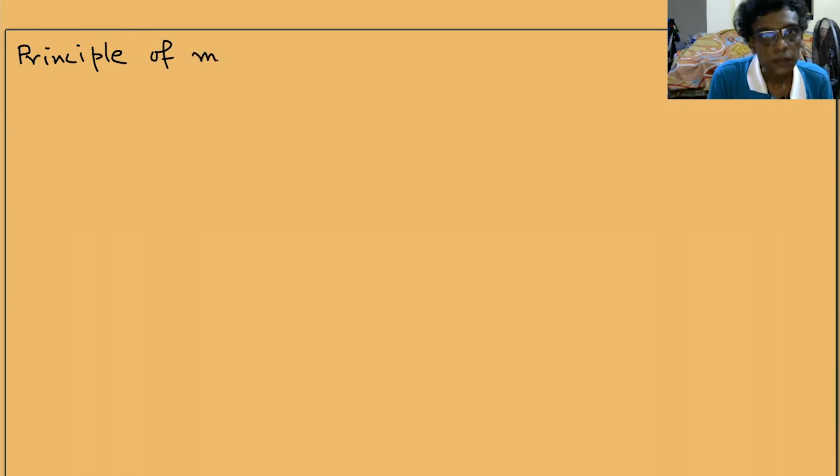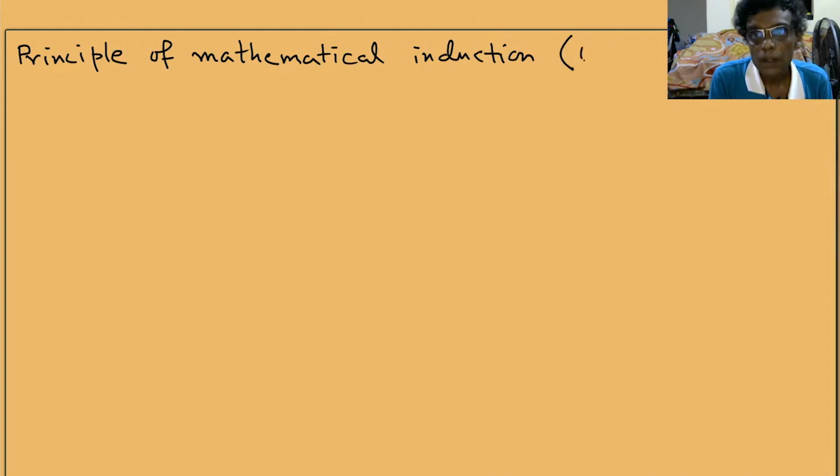Today we will deal with the principle of mathematical induction. Today we will use only the so-called weak form. So this goes like this.